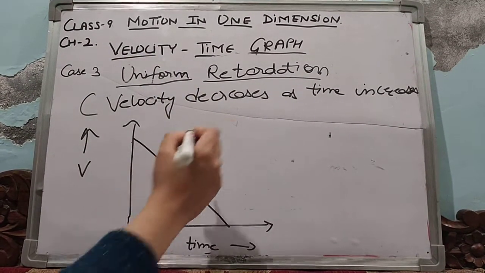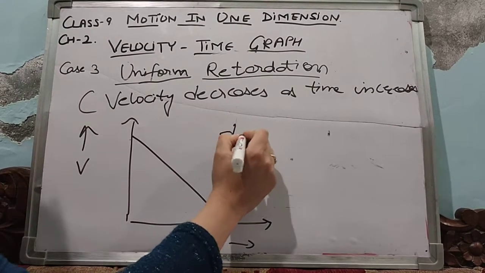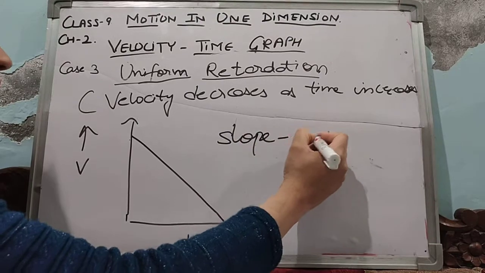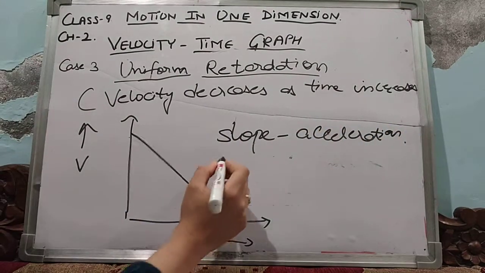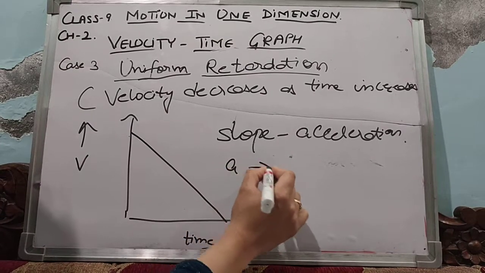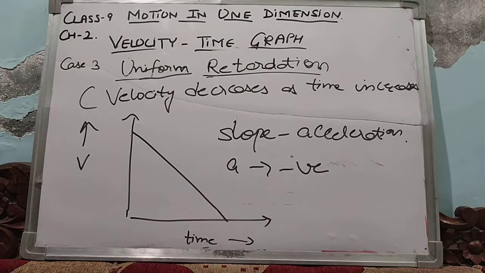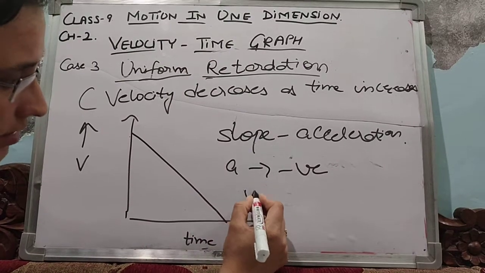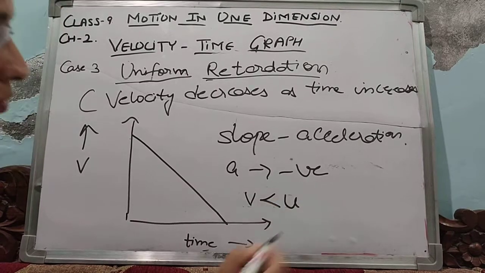Remember students that in this case, you have to learn this, the slope of VT graph gives your acceleration. And in this case, acceleration is coming out to be negative, as it is a retardation. So for this retardation, remember v is always less than u.